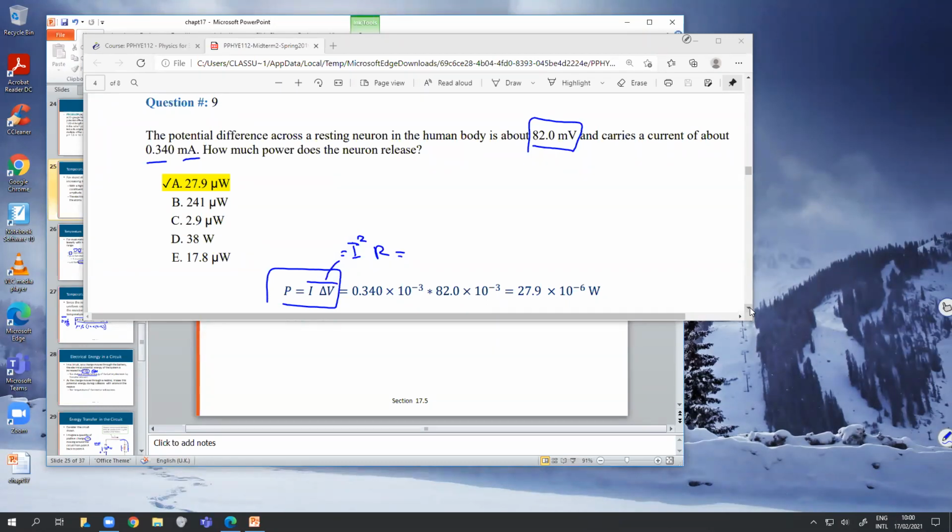If you eliminate the current, I is equal to delta V over R, so it will be delta V squared over R. This equation has no potential difference in it, and this equation has no current in it. But anyway, now here we have current and delta V. So you just substitute, find the answer, done. Simple.